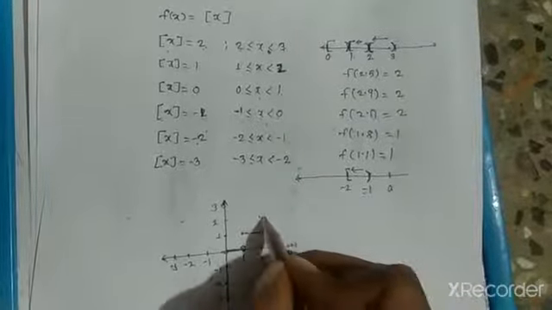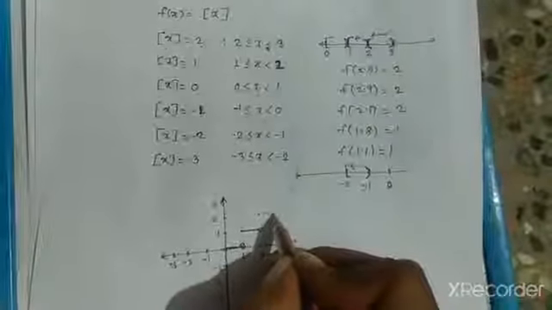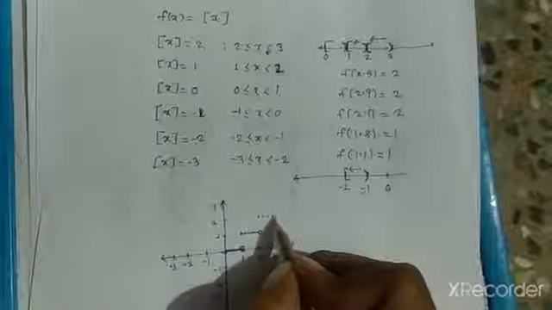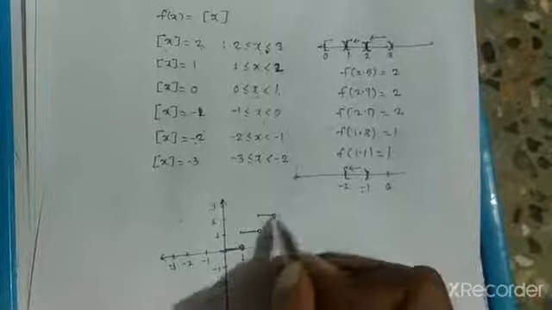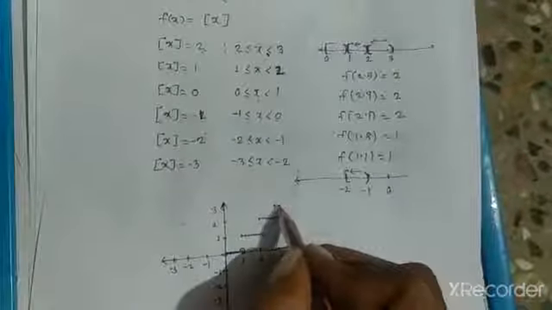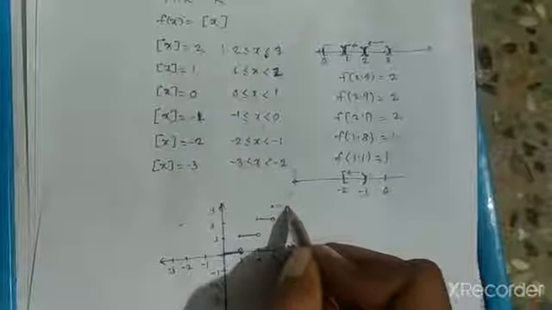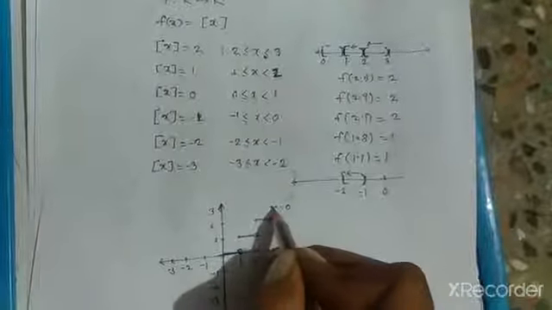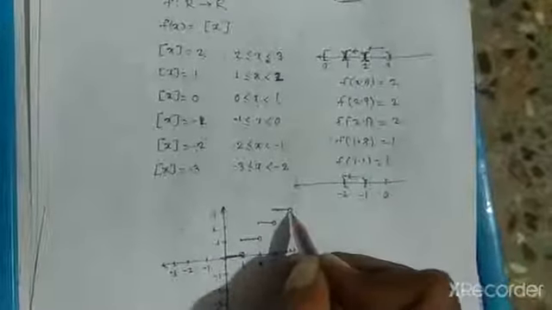For 2.1 it is 2, for 2.2 it is 2, for 2.5 it is 2, but for 3 it is not 2. For 3 it is 3, so it starts from here. For 3.3 it is 3, for 3.4 it is 3, and for 4 it is not 3. So for the positive part this will look like this.